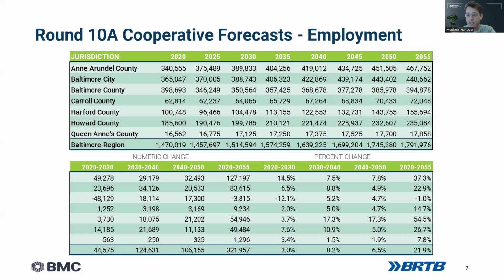Those three jurisdictions account for 75% of our regional employment growth, but the highest percentage growth is going to be in Harford, at 54.5%.